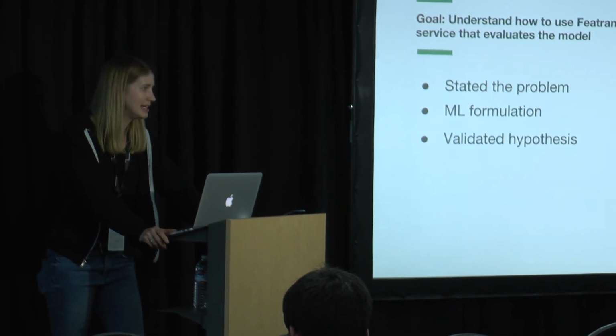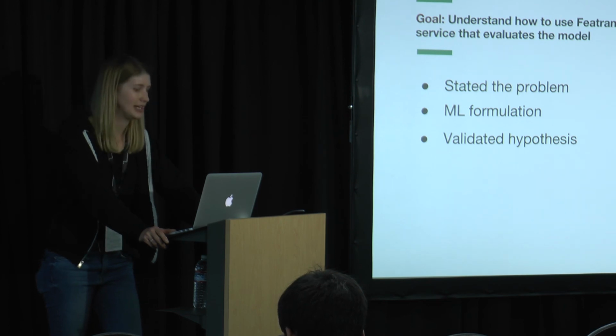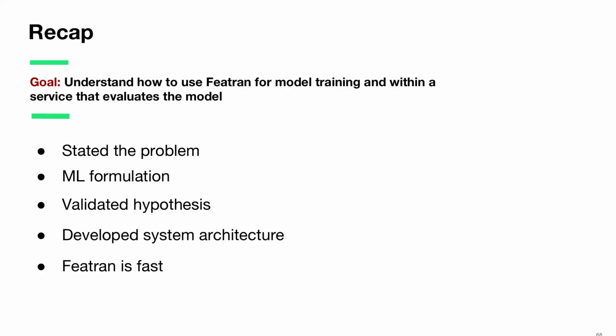Before we started building anything, we validated the hypothesis on a small subset of data, where we worked in Python using sklearn and scipy for our feature engineering. Once we were confident, we developed the system architecture, which had three main feature components: the common featurization library that fed into both the data pipeline and the service. And then we showed that feature is fast enough to use within a real-time service.